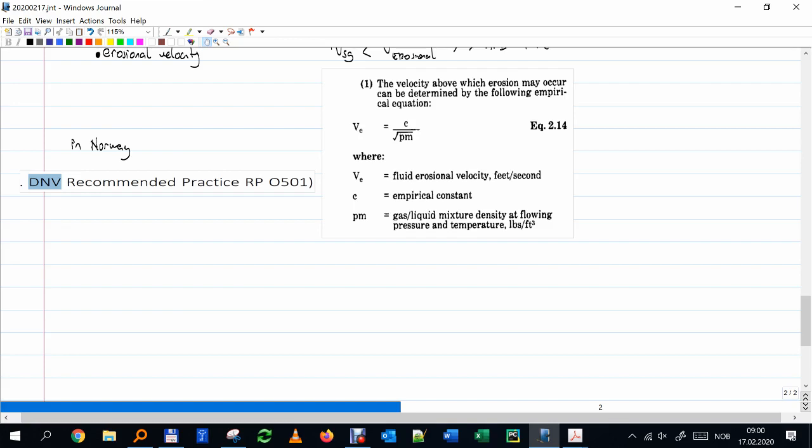It's standard, so the conductor, surface, intermediate, and production casing usually are a given standard size. Normally, from all of this calculation, you determine your optimum tubing size. Then, when it comes to well construction, the well construction team makes the casing design based on the tubing size.